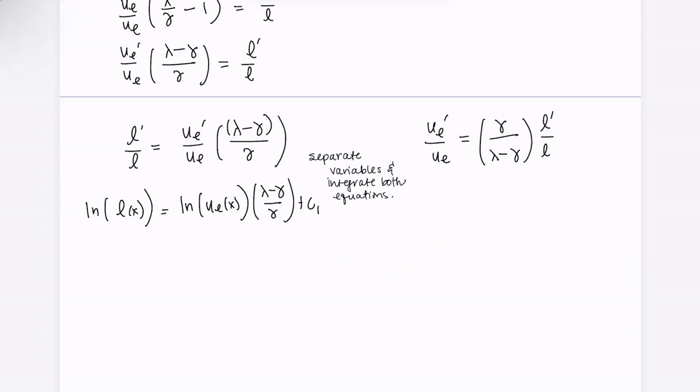And on this side, I also get that we have natural log of UE is equal to gamma over lambda minus gamma times the natural log of L of X plus a constant.